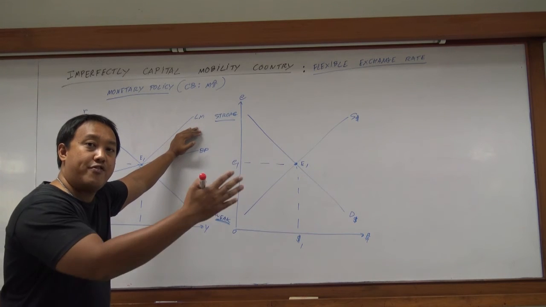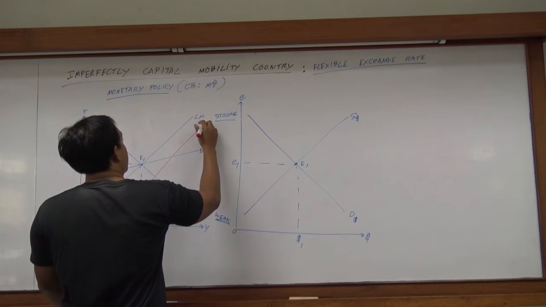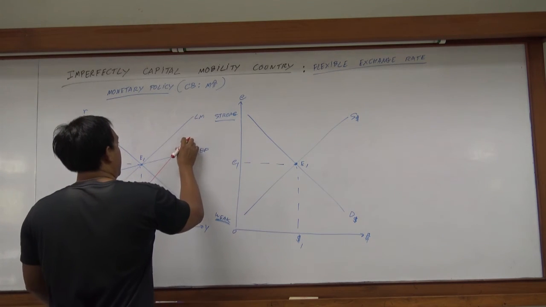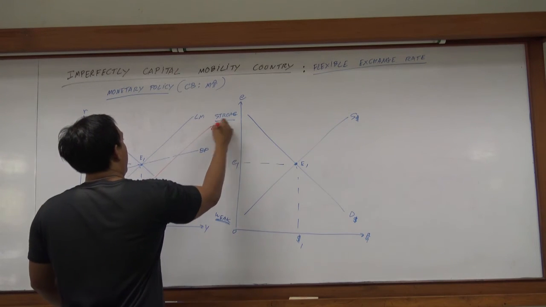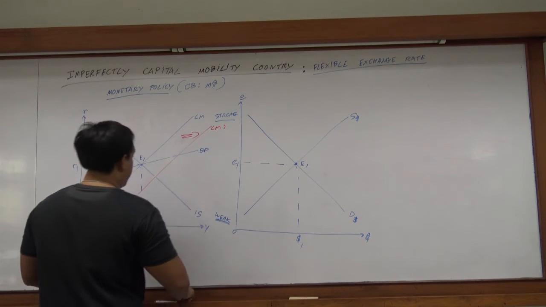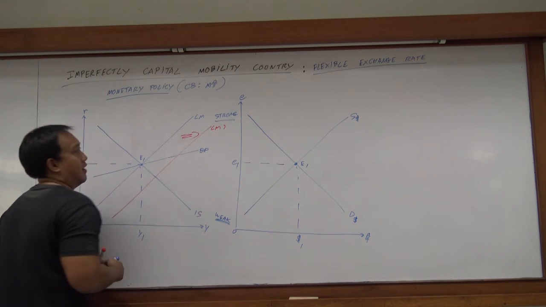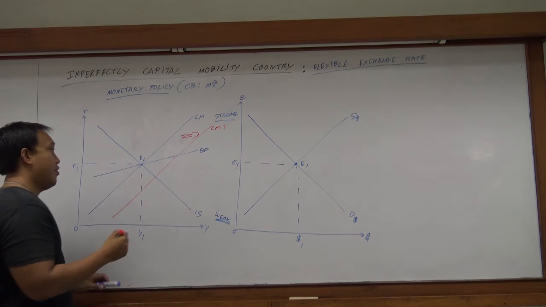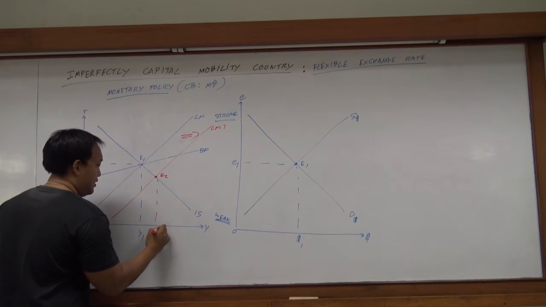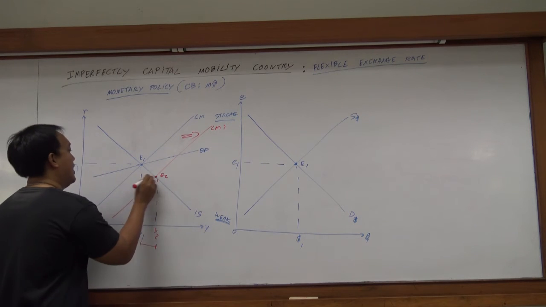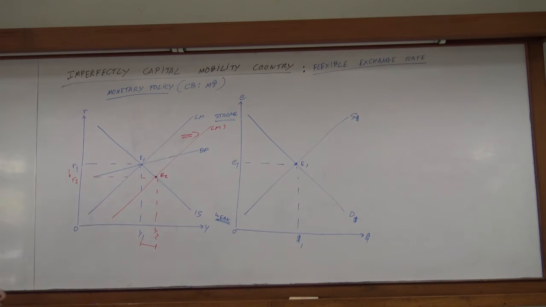The LM curve is going to shift to the right, like this. The new equilibrium point is going to be here, E2. GDP increases from Y1 to Y2. The real interest rate drops from R1 to R2.